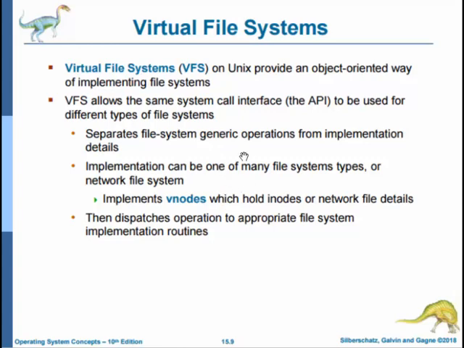An obvious but suboptimal method of implementing multiple types of file systems is to write directory and file routines for each type. Instead, most operating systems, including Unix, use object-oriented techniques to simplify, organize, and modularize the implementations. The use of these methods allows very dissimilar file system types to be implemented within the same structure, including network file systems such as NFS.